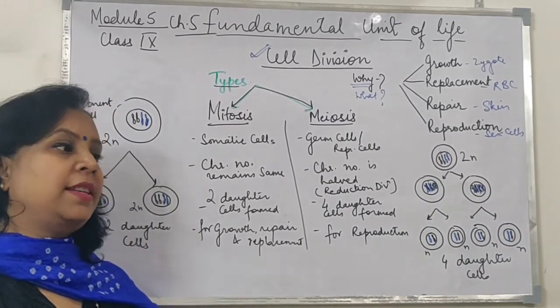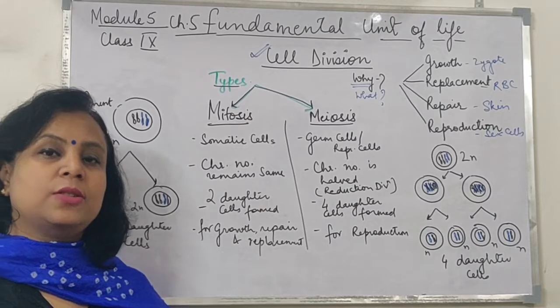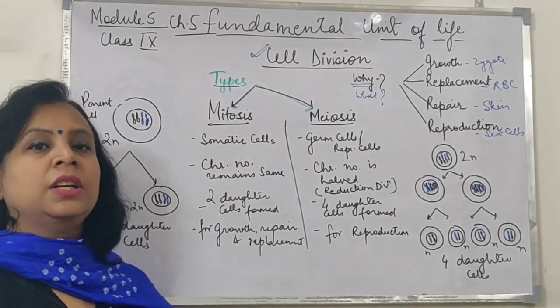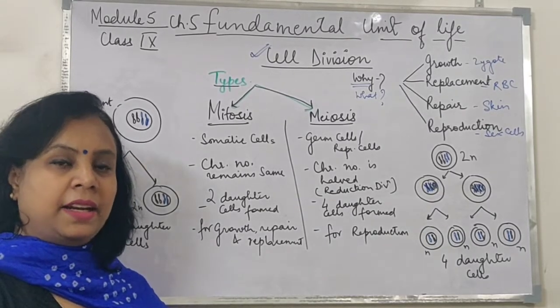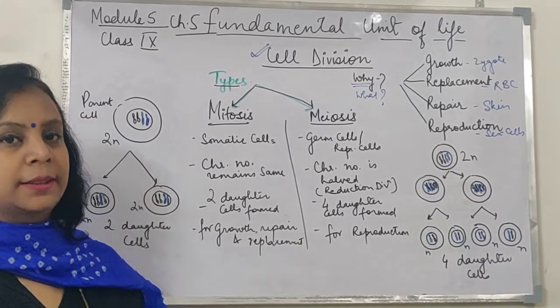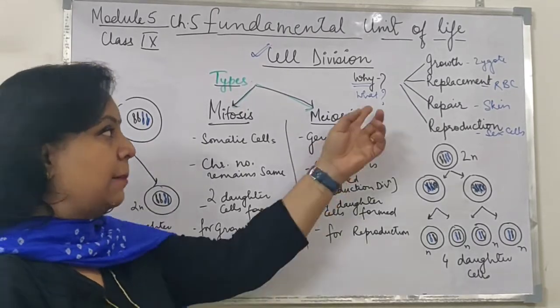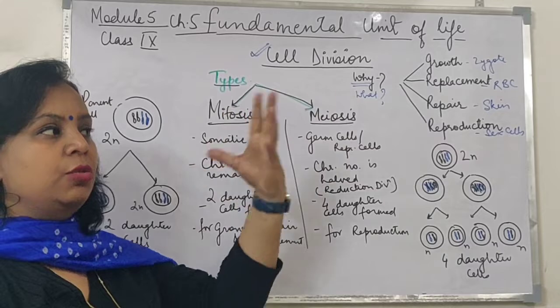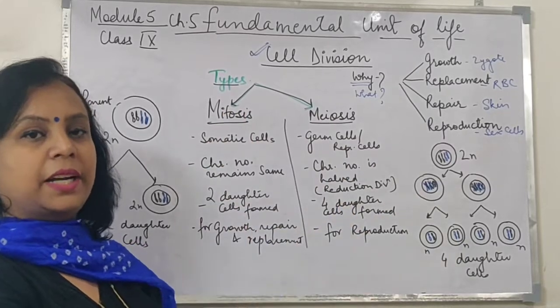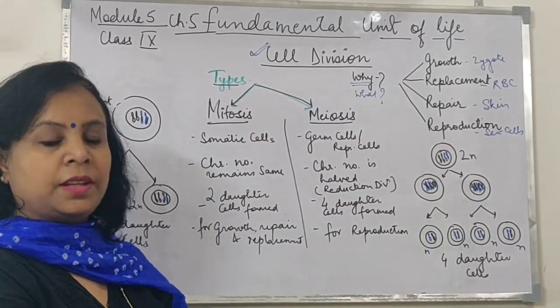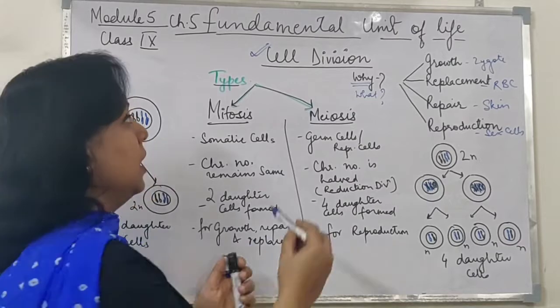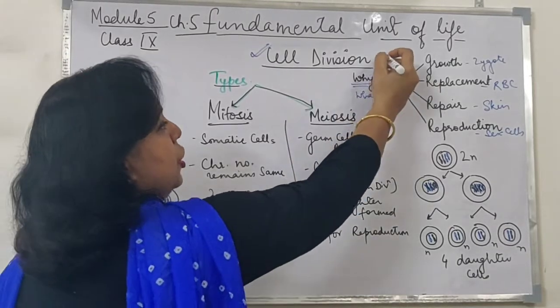Apart from that, we studied that the nucleus is also responsible for the transfer of heredity material from one generation to the other. So what happens before cell division? The nuclear material divides, it becomes double, and then the cell divides to form new cells.